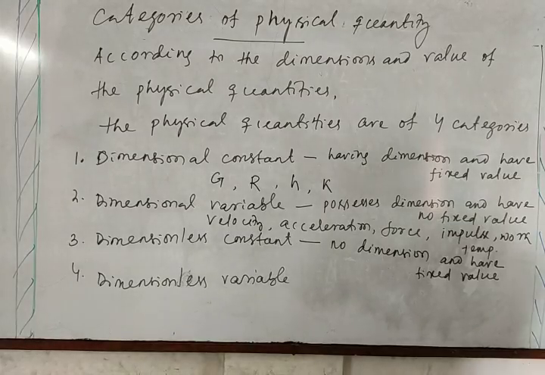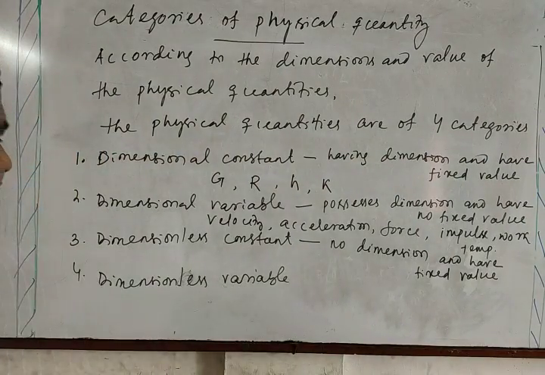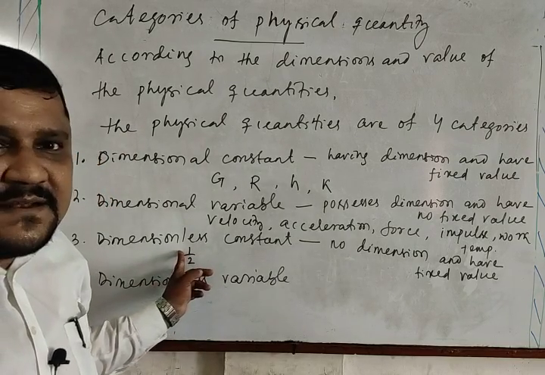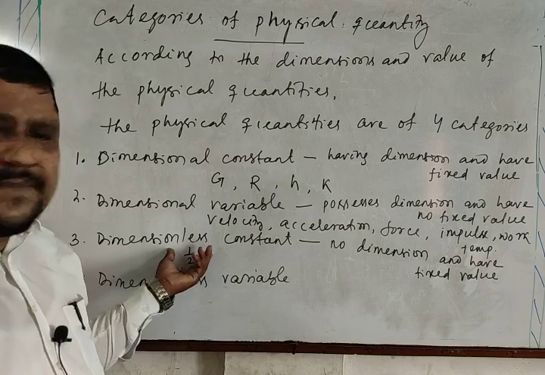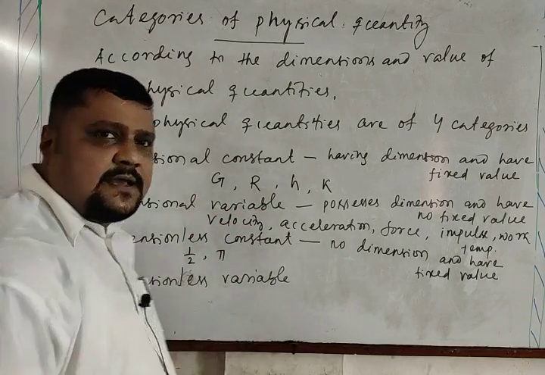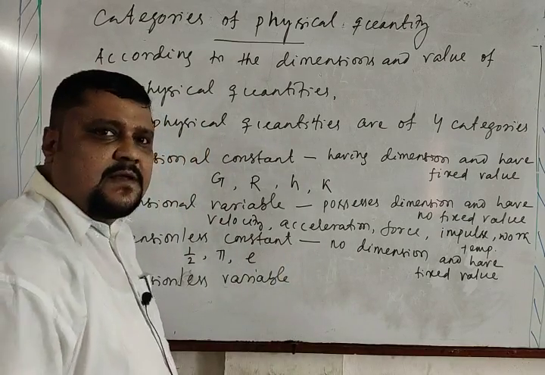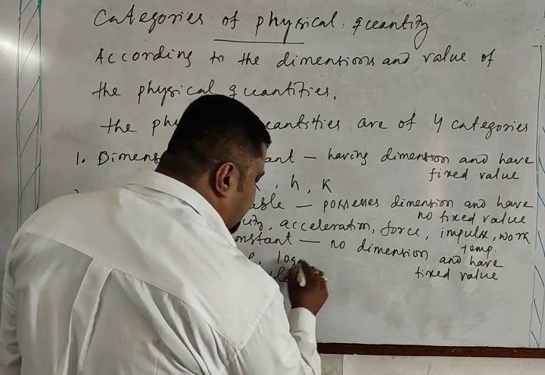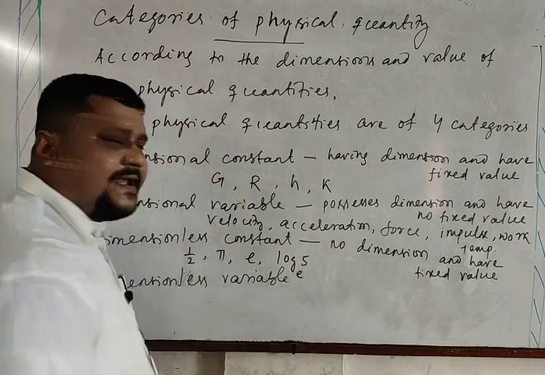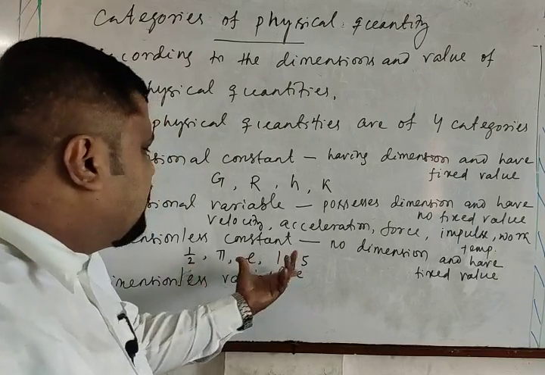If I take half, what is its dimension? No dimension. And it's constant, it has a fixed value. Half is always half. Similarly, pi has no dimension but is a constant. Then the exponential function e. Similarly the logarithm, log 5, base e or base 10. These are constants. They have a constant value and have no dimension.